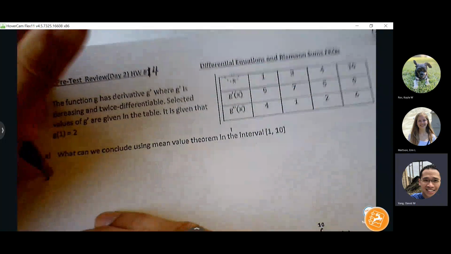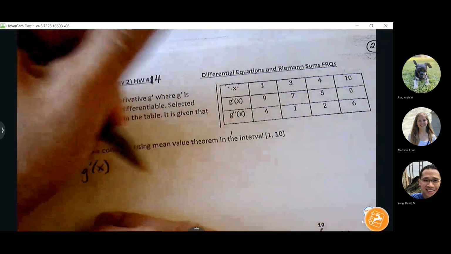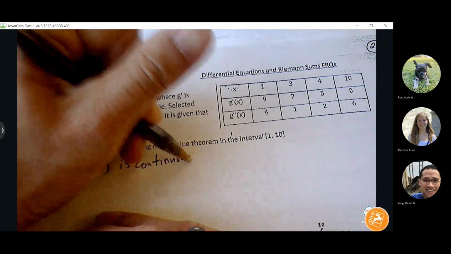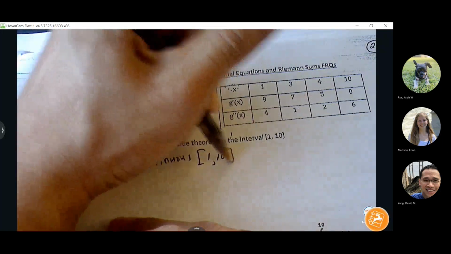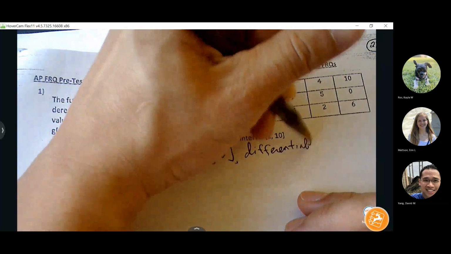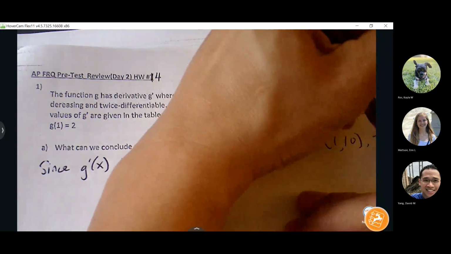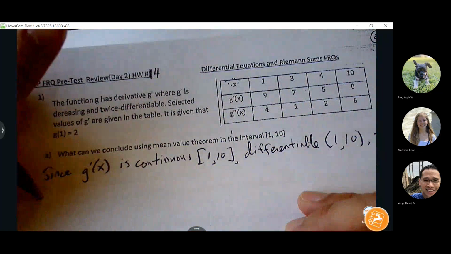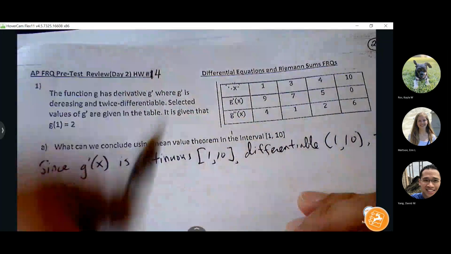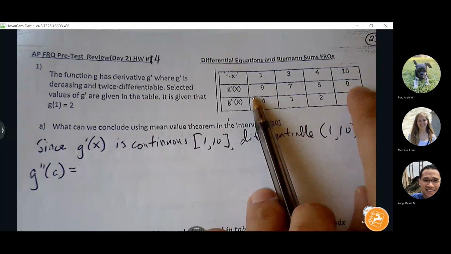Since we have g prime, we can do the slope of g prime.